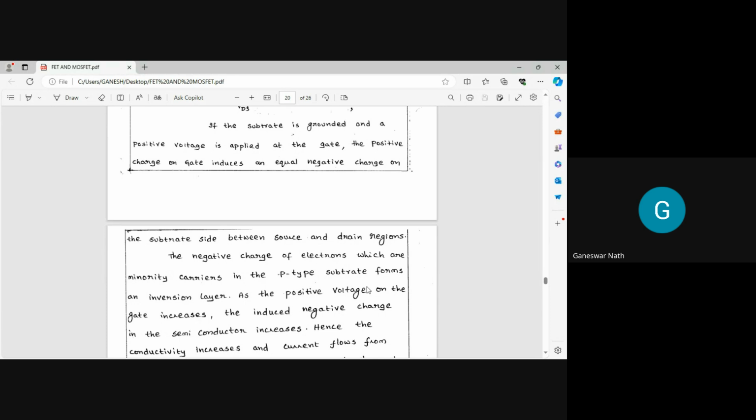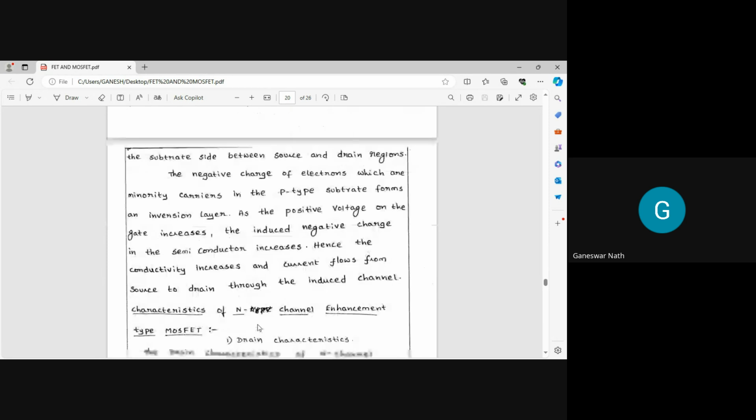As the positive voltage on the gate is increased, the induced negative charge in the semiconductor increases. Hence, you can find the conductivity increases, and the current flows from the source to the drain through the induced channel actually. Okay.